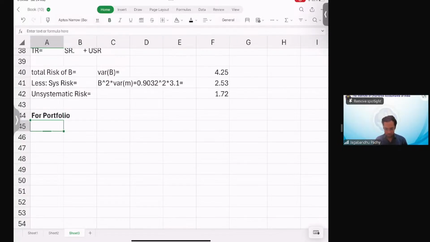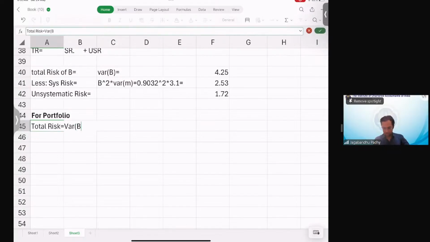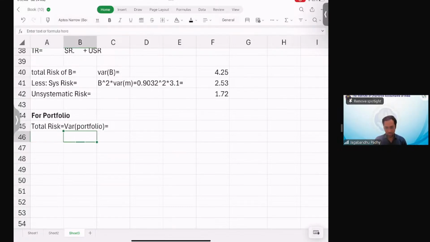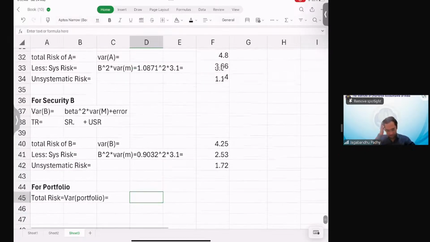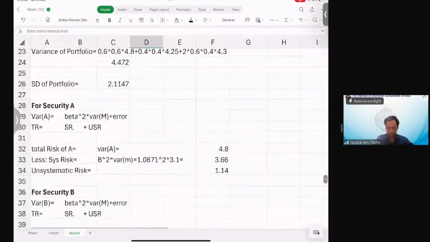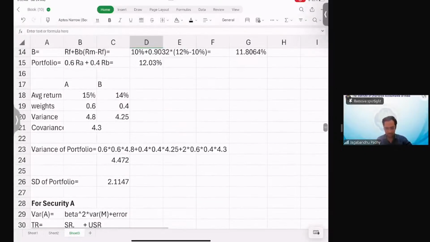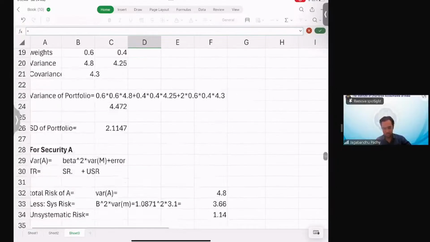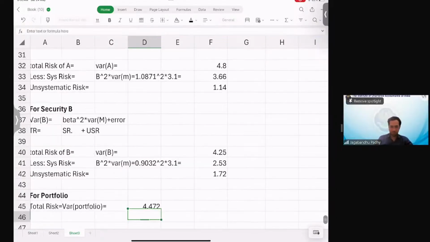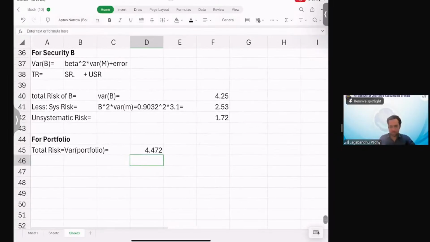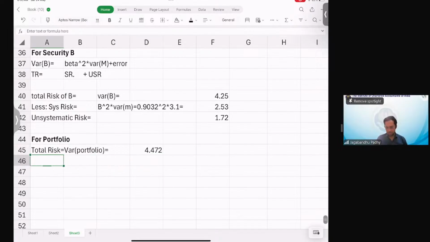For portfolio, what is the total risk, which is the variance of the portfolio? Variance of portfolio is 4.472. Okay. Total risk is 4.472. From that, we are going to subtract the systematic risk.